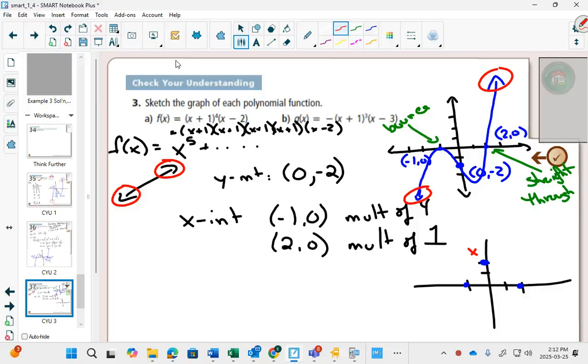How does the graphing tell you you made a mistake, and that you should check things over? So you're going to start down here, you're like, I know this is a bounce, and then, oh, I have to go through this point. Oh, okay. You just invented new x-intercepts.